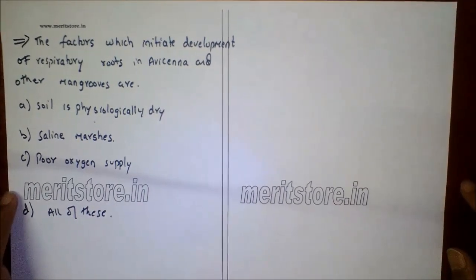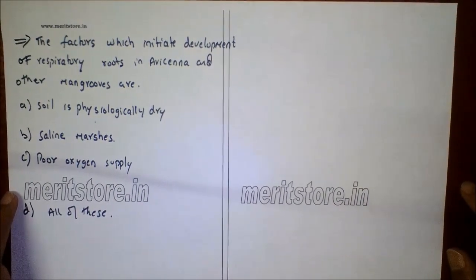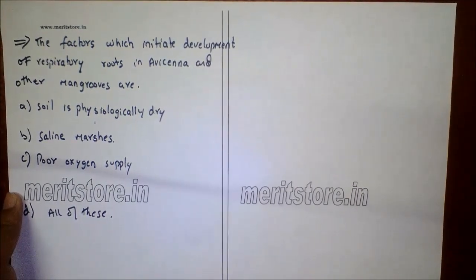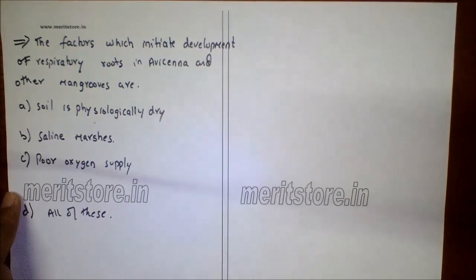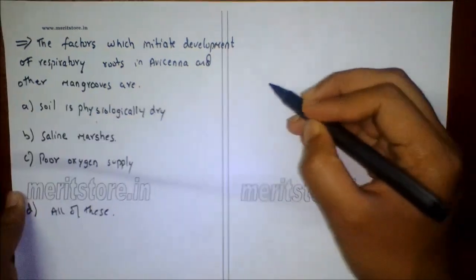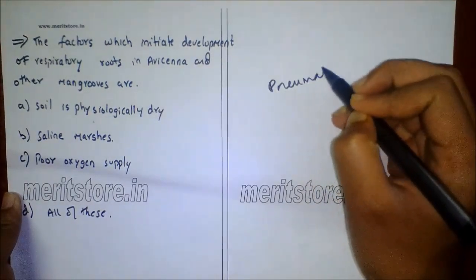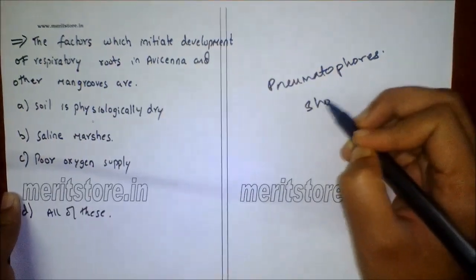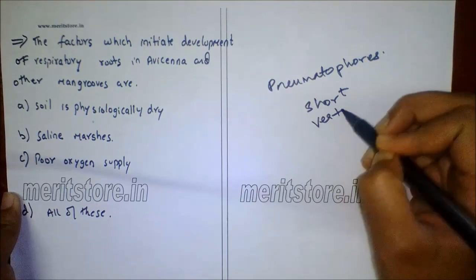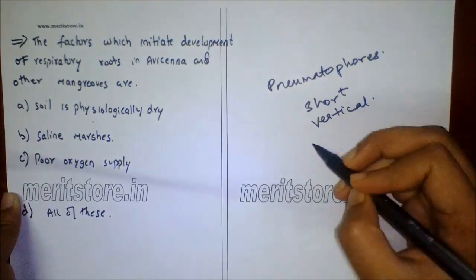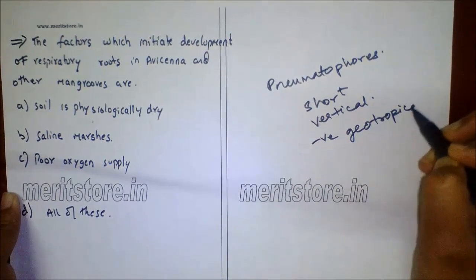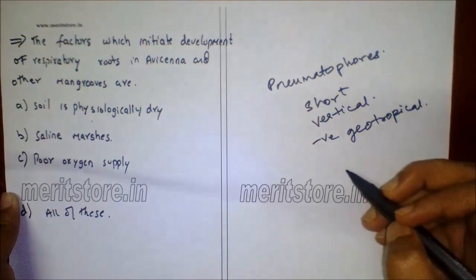Factors which initiate development of respiratory roots in Avicennia and mangroves are A. soil is physiologically dry, B. saline marshes, C. poor oxygen supply, D. all of these. Pneumatophores or respiratory roots are short, vertical, negatively geotropic roots which occur in mangrove plants.